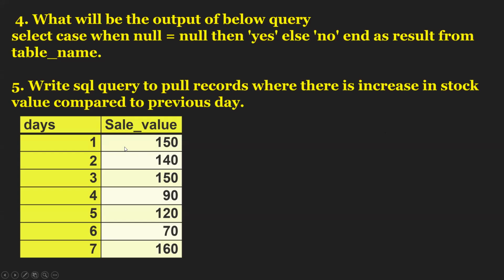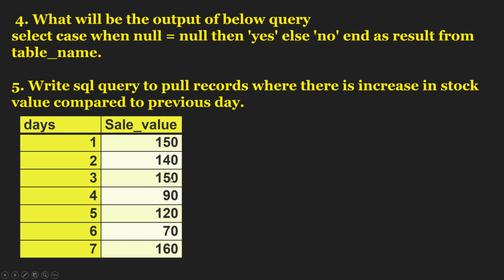The previous day stock is less than the current day stock. The first day has no previous stock, so we consider it. On the second day, 140 is there and the previous day was 150, so we are not going to consider 140. On the third day, the previous day is 140 and today is 150, so it is increased, and we are going to consider 150.